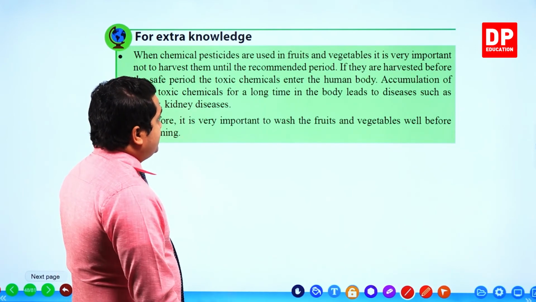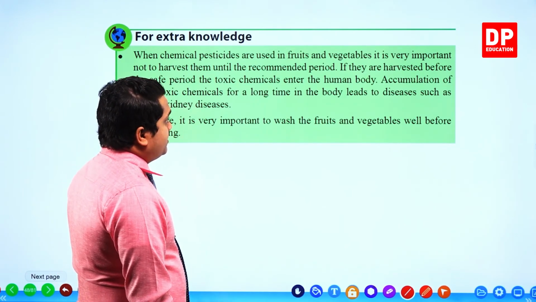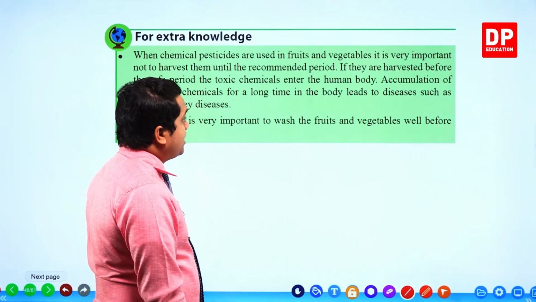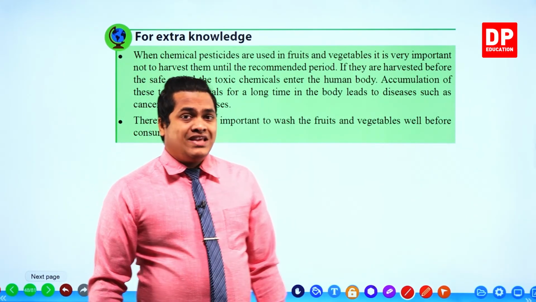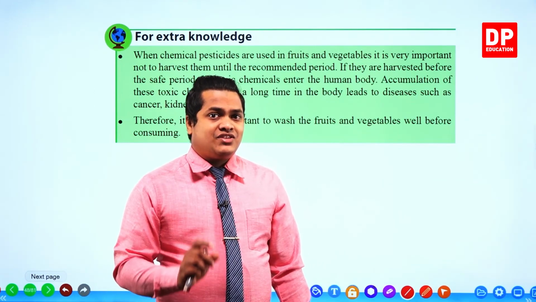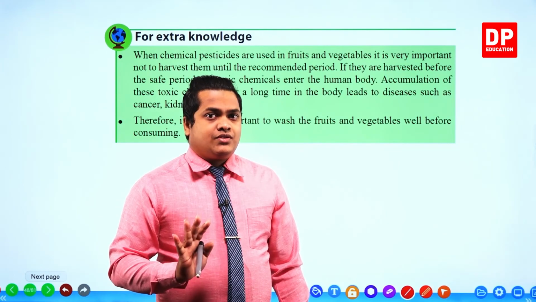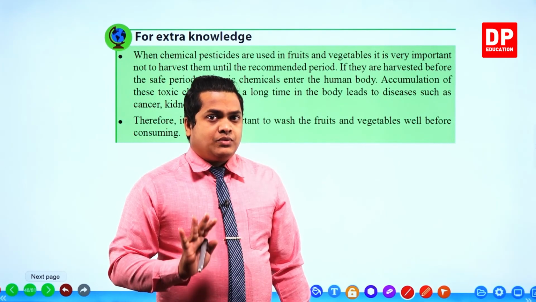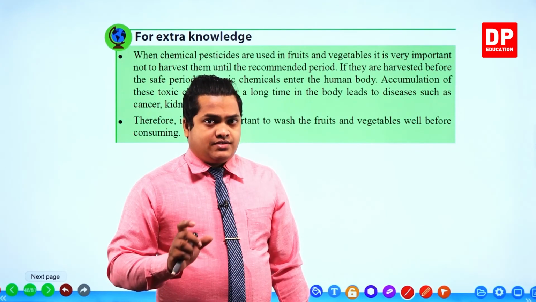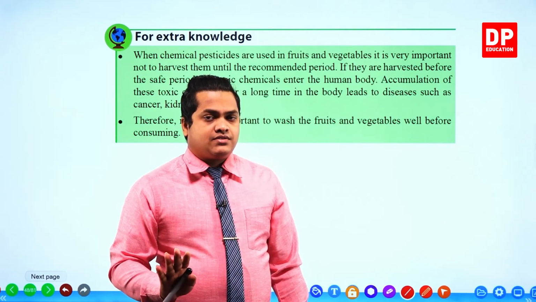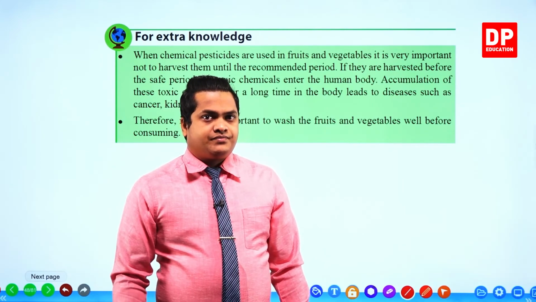when chemical pesticides are used on fruits and vegetables, it is important not to harvest them until the recommended period. There is a certain time period in which the chemical is going to dissolve. So there is a certain time period that we have to keep these plants or whatever the harvest.